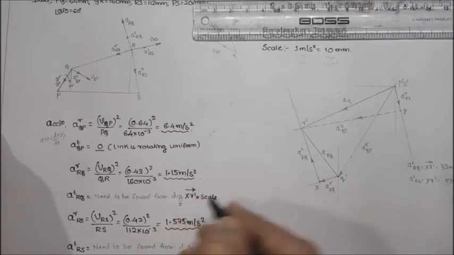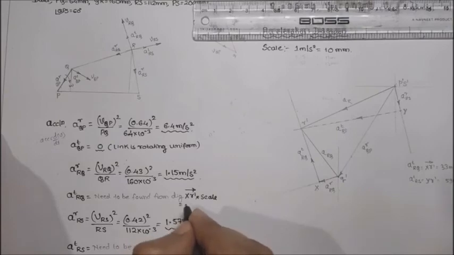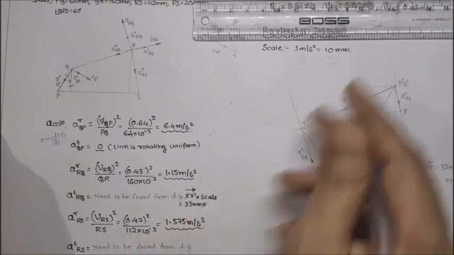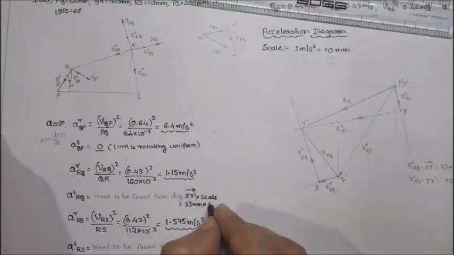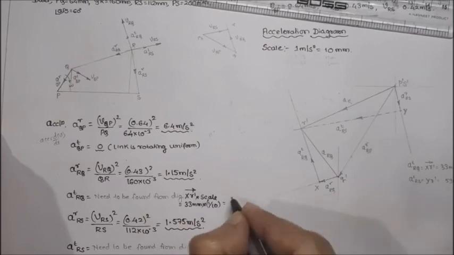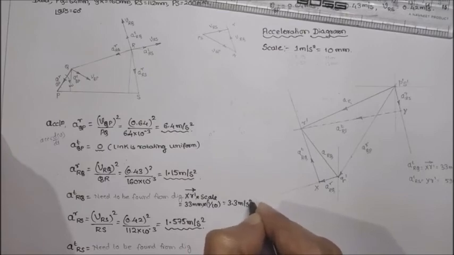The value of x r dash here is 33 mm, scale 1/10. The value will be 3.3 meter per second square.